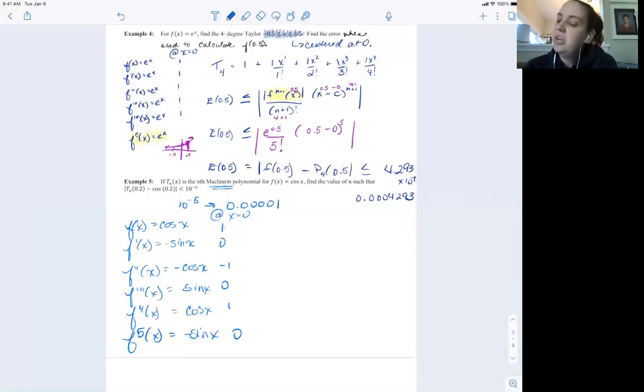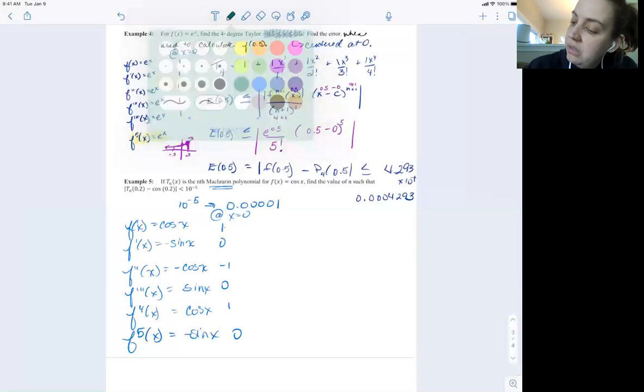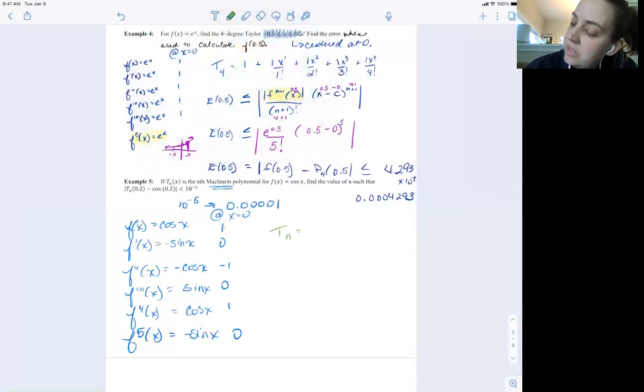So how many terms do we need of this polynomial? Well, let's check it out. So my Taylor polynomial, let me switch colors here, is going to be 1, 0 on the first derivative, minus 1 x squared over 2 factorial.